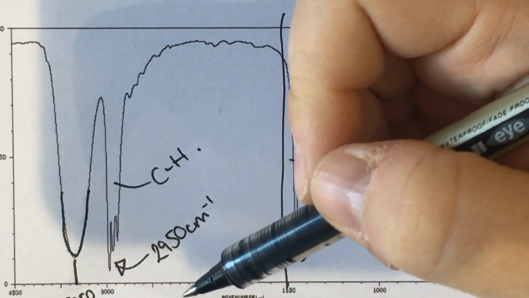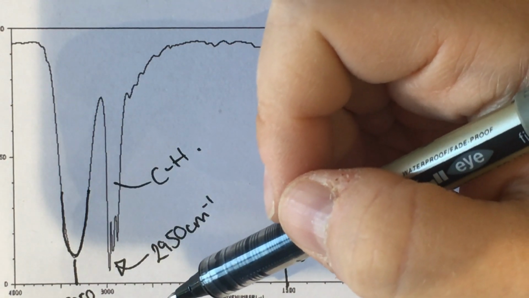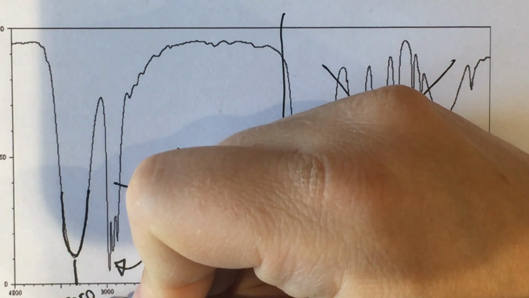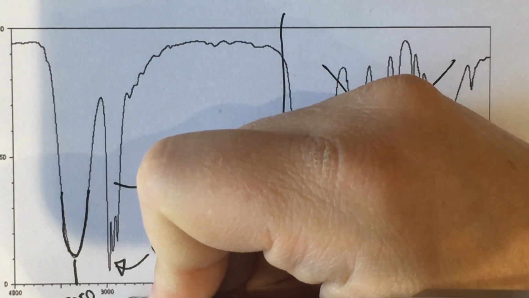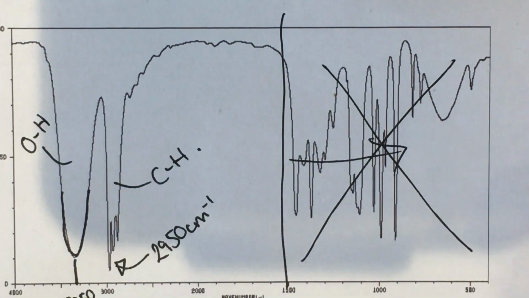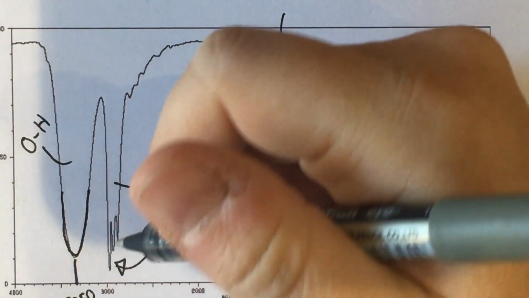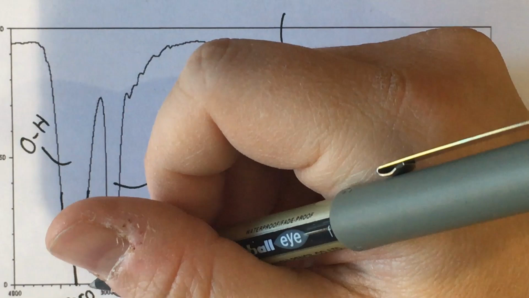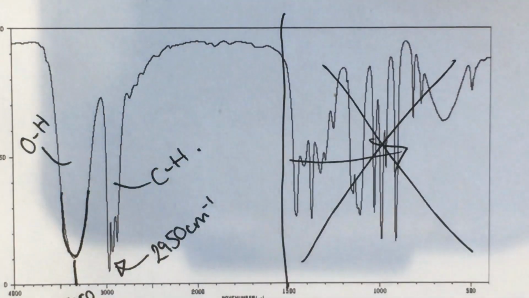But what's also important is it's kind of a rounded peak. And if you look on your data sheet, you can see that for 3350, this is actually an OH peak, and on your data sheet it's labelled as alcohols or phenols. So it's an OH group, and it sits in that region 3200 to 3600.